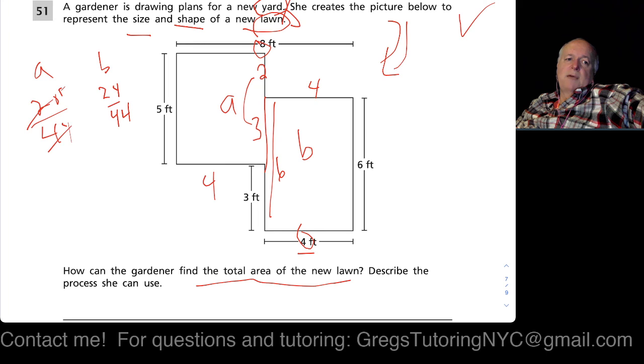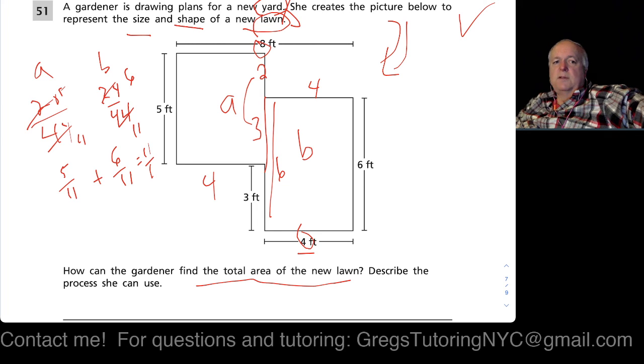So the area of that would be 5/11ths. Okay, and if we just simplify this, 4 goes into here 6 times, and here 11 times. And the interesting thing is, if we were to add them, we get 11/11ths. So we're proving that it's a whole by doing different things.